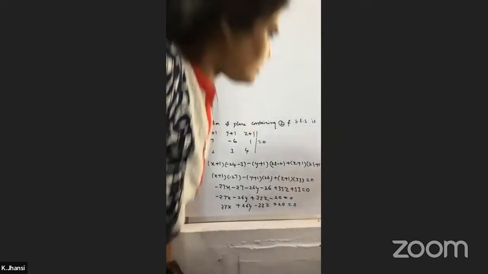So I have told that whatever the x1, y1, z1 and x2, y2, z2 values are there, those values are only the points where the line meets.